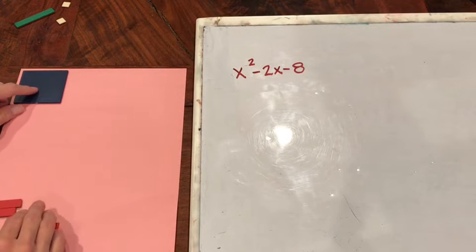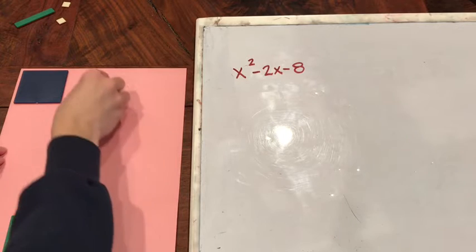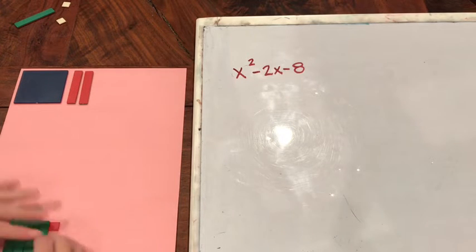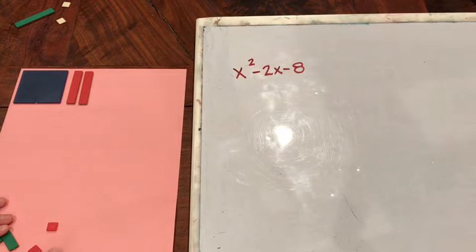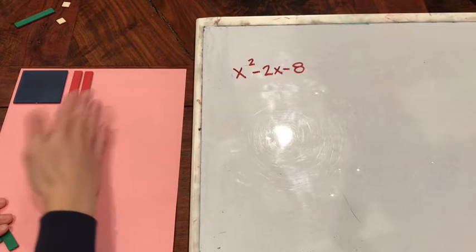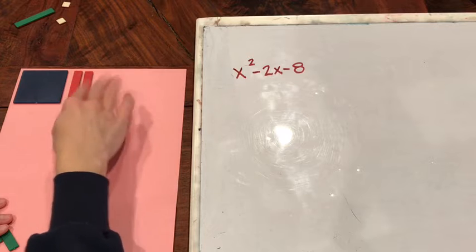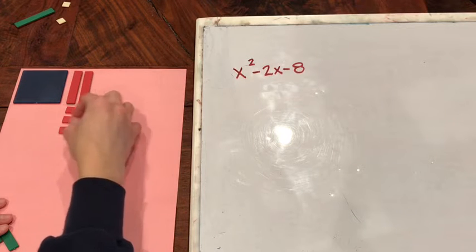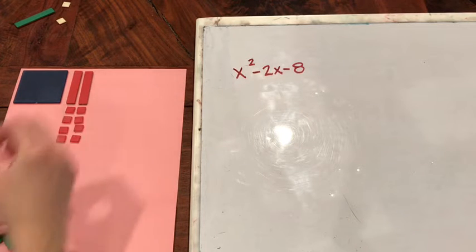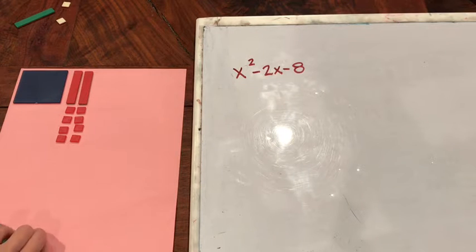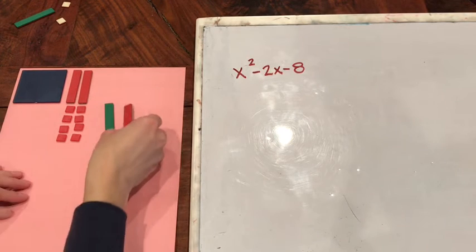Okay. Here's my x squared. Here's my negative 2x. And here are my negative 8. So if I line these up, I know that I'm going to need to add some 0 pairs in here to make this a rectangle. So why don't I add a positive and a negative?